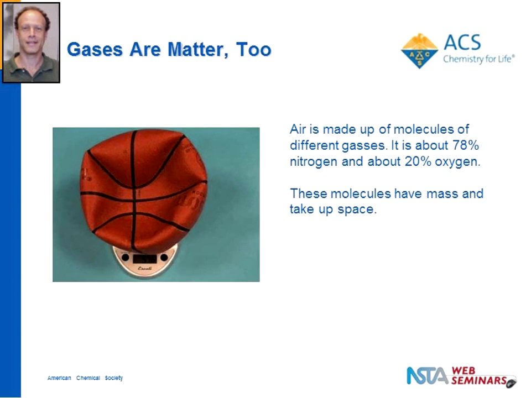Paul, can you take us to this video? This is a pretty easy thing to do if you have a basketball, a pump, and a scale. Basically, we deflated a basketball as much as I could and put it on a gram scale, and it's 576 grams. In case you can't see it, we're coming real close. 576.